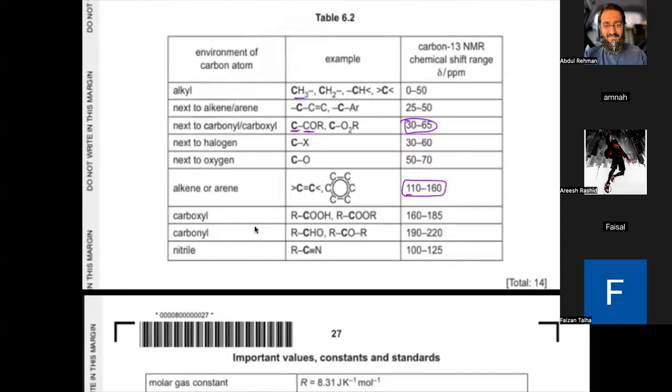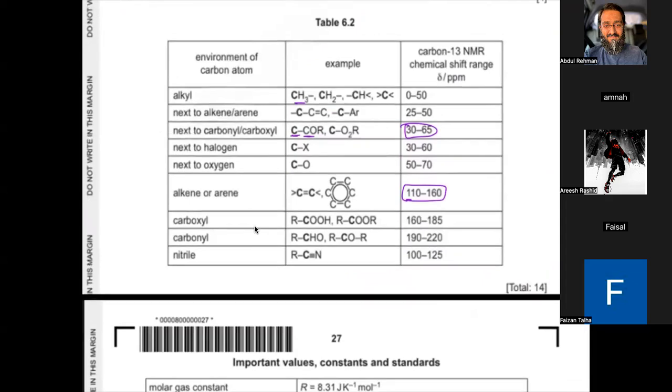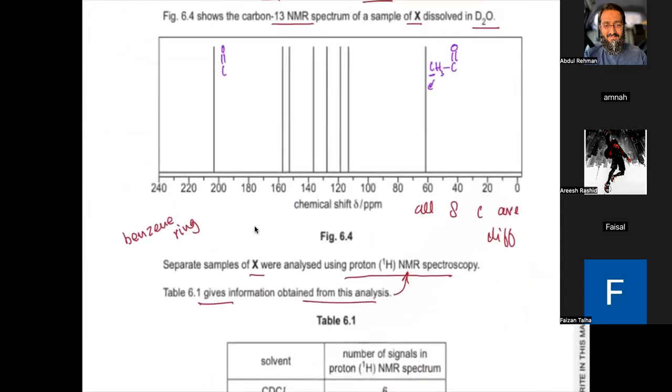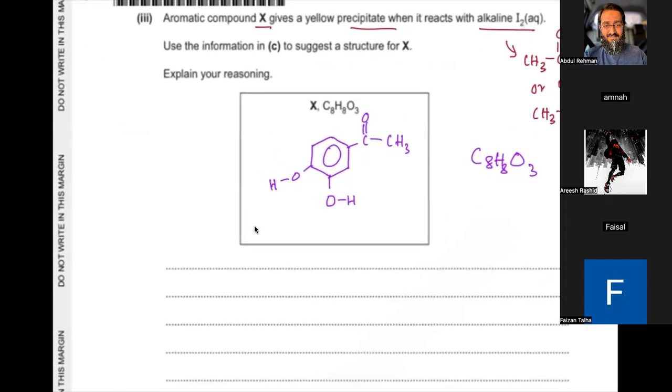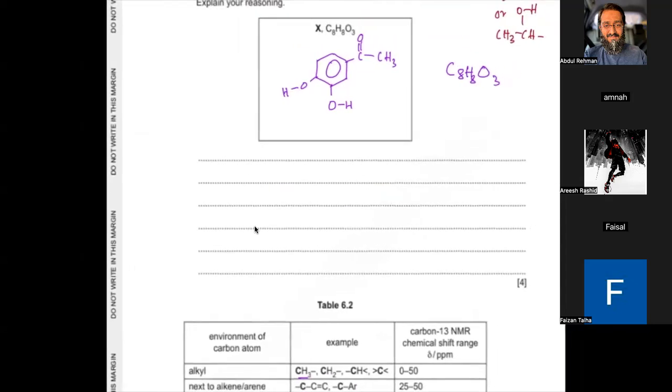Now, the benzene carbons are from 110 to 160. So see, these are all the carbons in benzene, and they are all showing different chemical environments. So you are going to mention that.